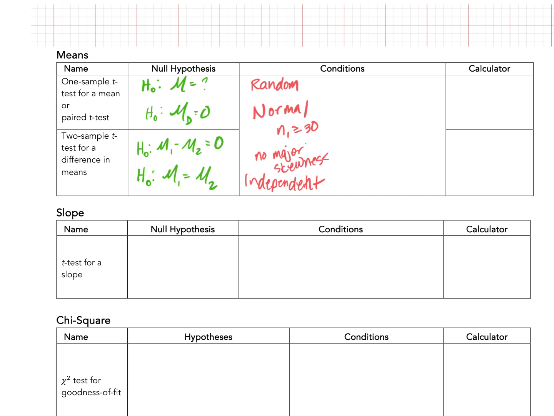If you have two samples, you have to do it for both samples. In the calculator, you choose t-test or two-sample t-test.